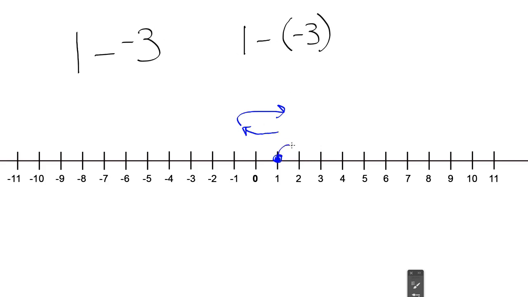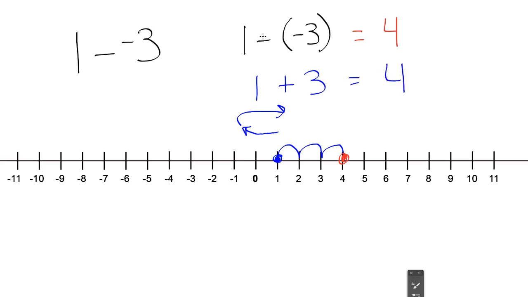So 1, 2, 3. So our answer is 4. So equals 4. Well, the answer 4 is just the same as 1 plus 3 equals 4.